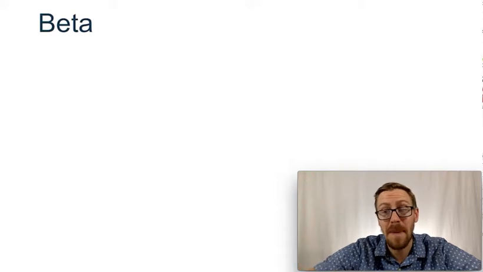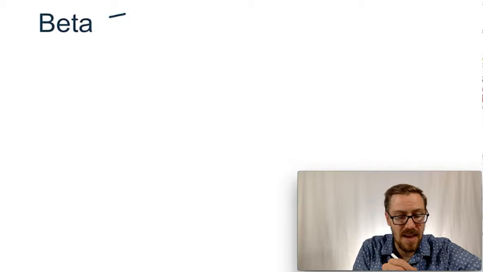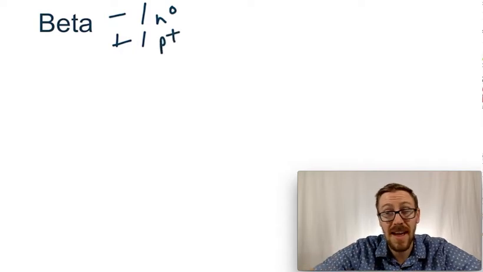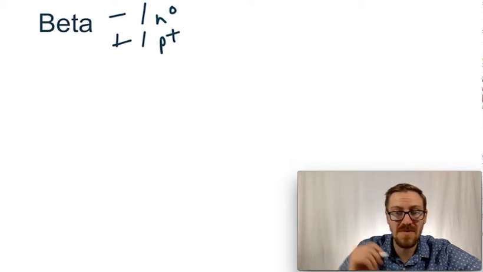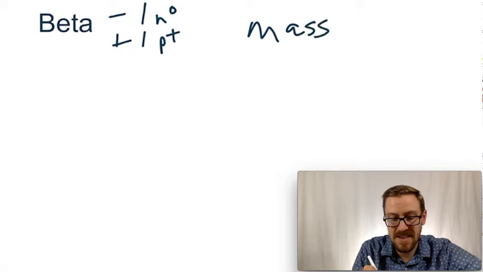We're going to start with beta decay because I think it's easier than alpha decay to run the numbers for. So beta decay. In beta decay, you lose one neutron, but you gain one proton. So this is super weird. A neutron becomes a proton. And what this will end up doing for your atom is that your mass stays the same.